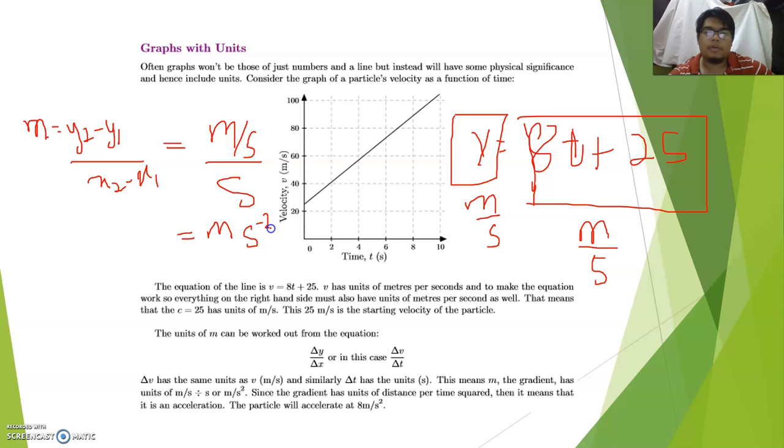We can rewrite that as meter per second squared. So what is meant by this? It means that the gradient shows the acceleration for this graph, and the acceleration for this particle is 8 meter per second squared.